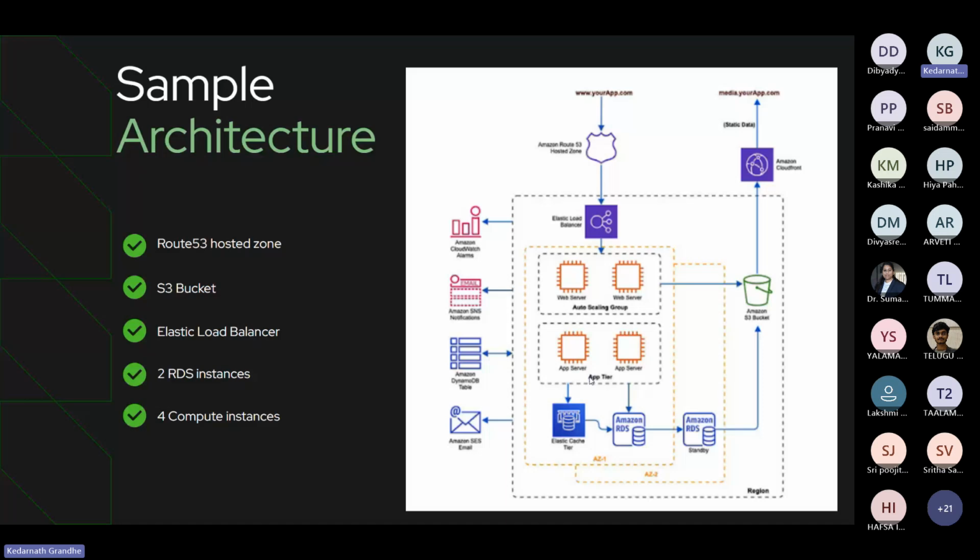What's not visible in this diagram is the network, which is basically the VPC, the routes, the firewalls, subnet rules, all these things. So there are several components that you need to create for this to work, right? Some are listed here on the left side. So in order to create all these, what will you do? You just log into your cloud account and start spinning up all these services, is it?